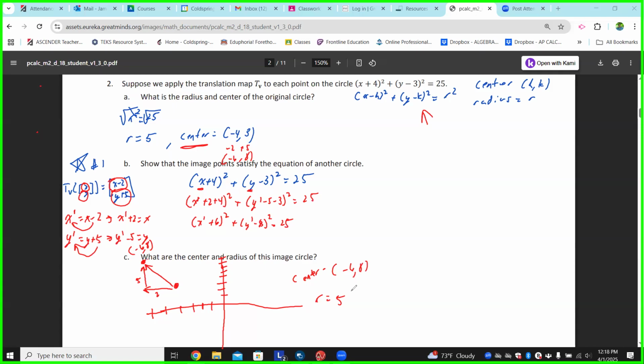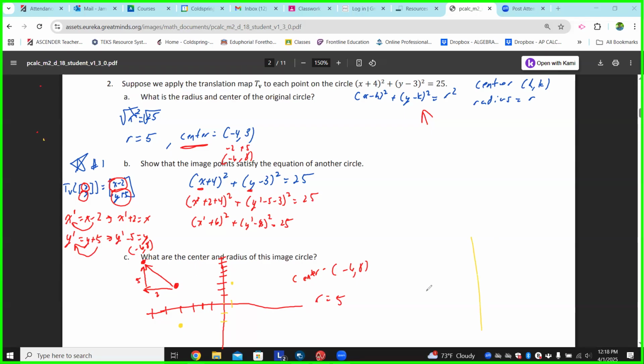So I took this circle here. Let me show you my beautiful drawing of a circle. This is not big enough.